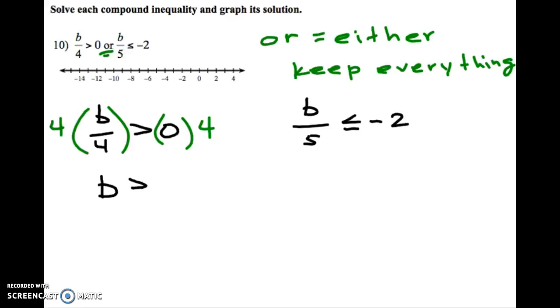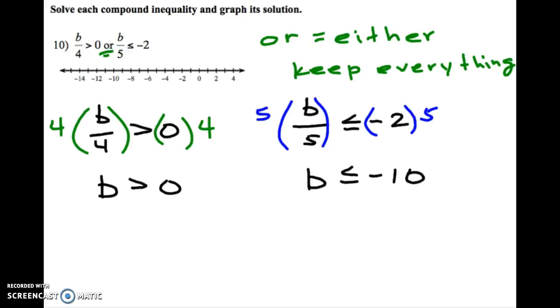So we should end up with b is greater than 0. On the right, once again, we're dividing, this time by 5, so to solve, we do the opposite, multiply by the 5. And we should end up with b is less than or equal to negative 10.